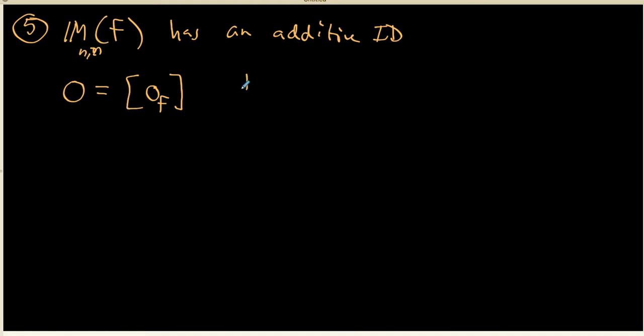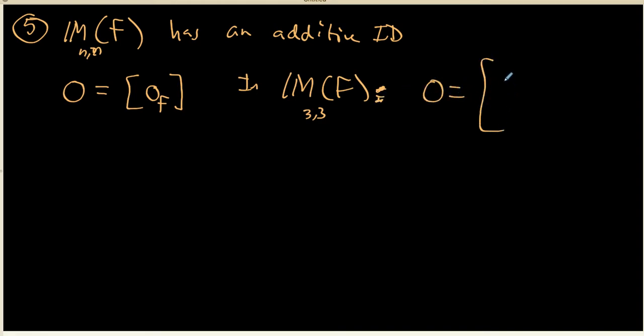So in other words, in a set of 3 by 3 matrices, the zero matrix would look like the 0 in the field 3 times on the first row, the 0 in the field 3 times on the second row, the 0 in the field 3 times on the third row.